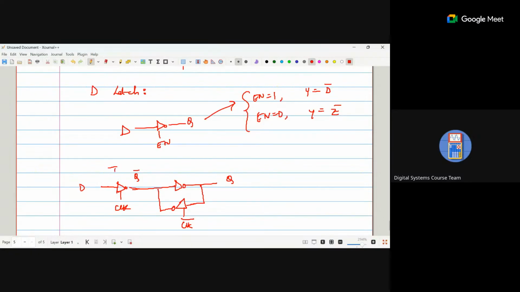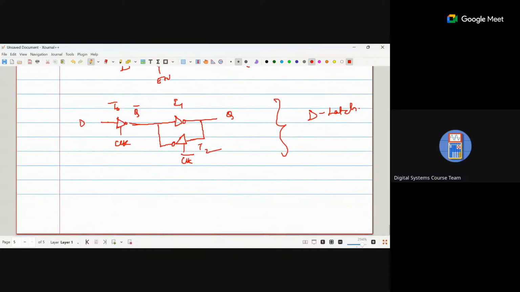Let's name this T0, I'll call this inverter 1, and this will be tri-state 2. So basically it is also the same output, you'll get the same output. At the end of the day, it is also a D latch itself. This is also a D latch, but the only thing is it is in a different structure.